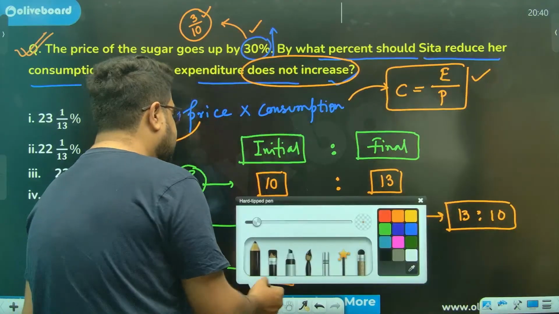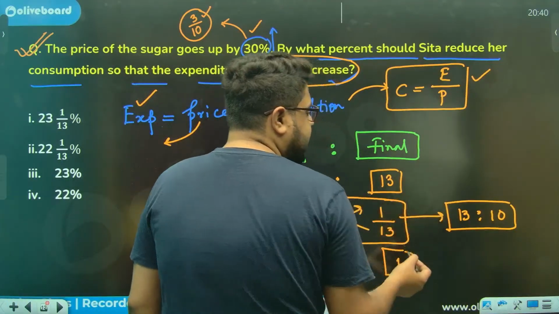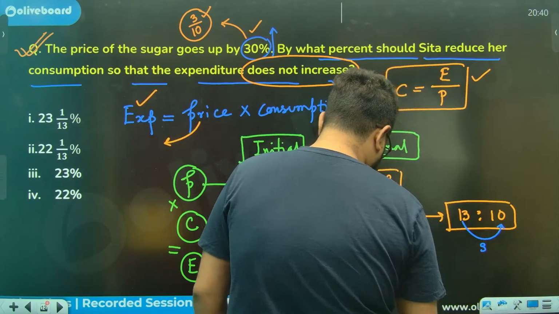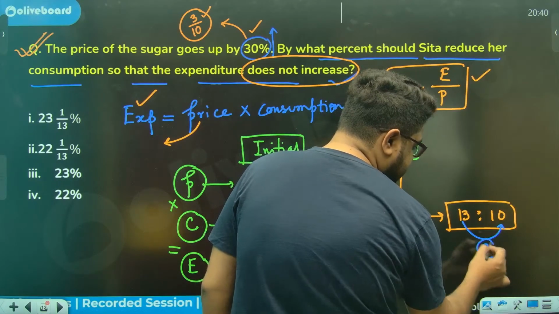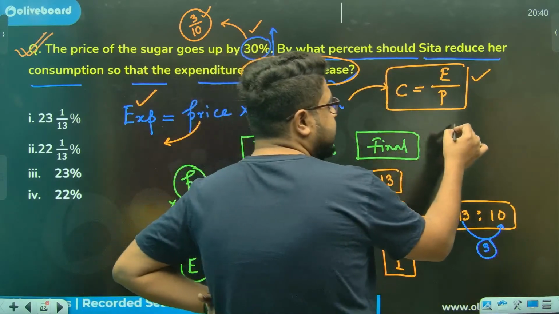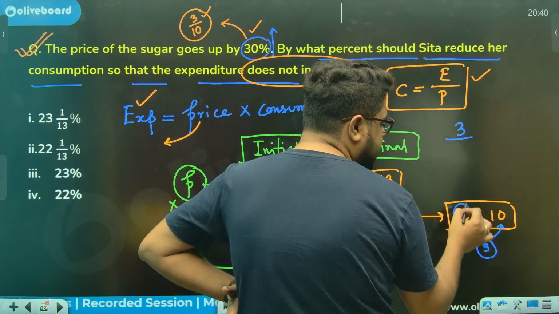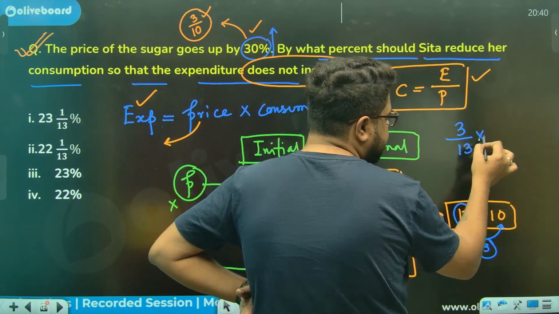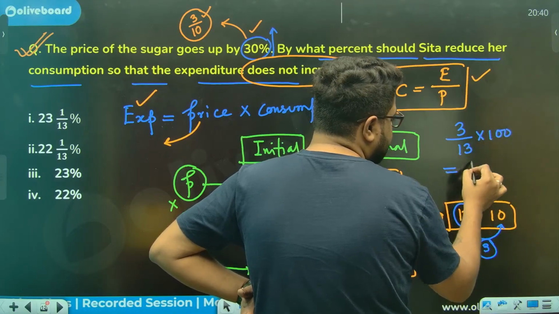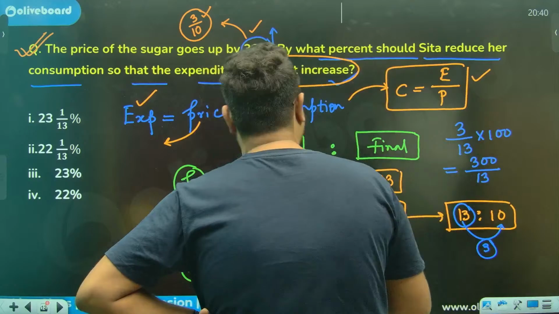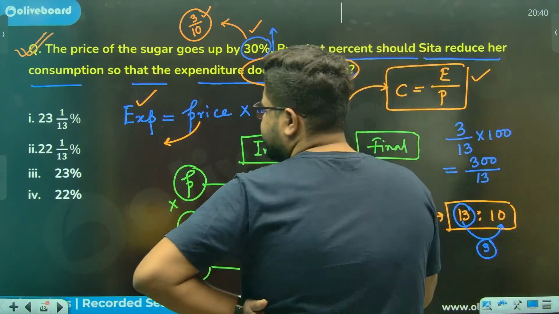Meaning what happened to my consumption? My consumption decreased by 3 units. So percentage change: it decreased by 3 units from initial 13 units. Percentage is 100, so 300 by 13, which is 7.69.